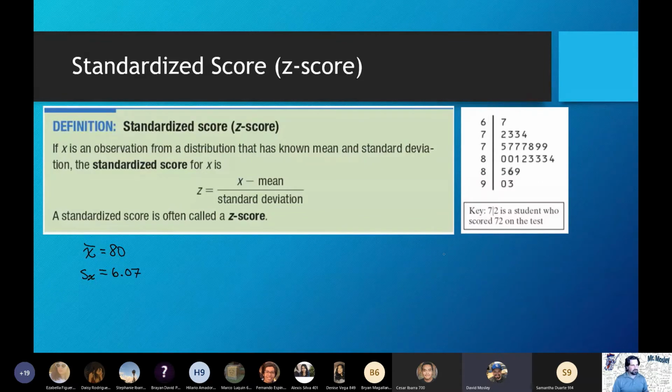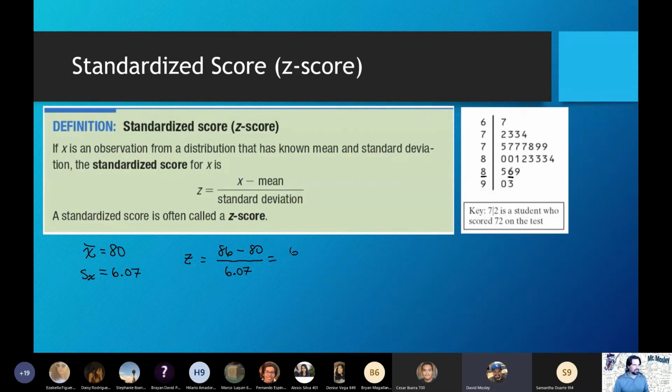So to find our z-score, we're going to do the same example where we're going to look at 86. We want to see, okay, what's the standardized score, or z-score, for someone who scored 86 on this test? So we have z equals 86 minus the mean, which is 80, divided by 6.07.